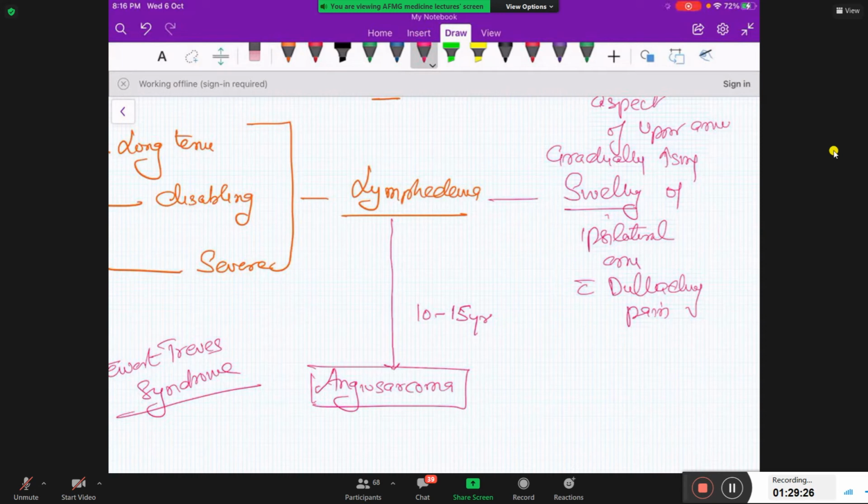There are many questions like which of the following is not seen in this condition. So what do I remember? What is not seen. Whereas what should I have remembered? What is seen. Why the hell should I know what is not seen? I should be knowing what is seen. So that is how, now you will not have those negative questions in your exam.